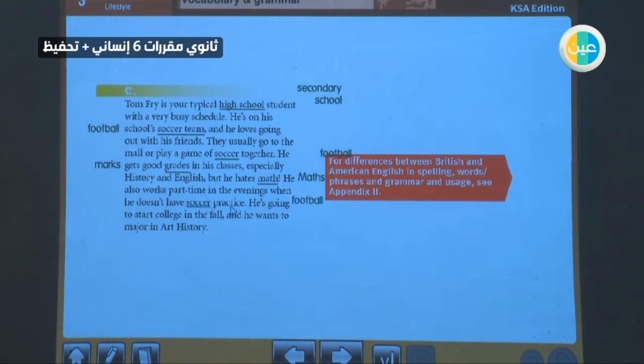Soccer and practice, it is S and, as we said, S, C and S. He is going to start college, yes, the British call it university, in the fall, yes, autumn. He wants to major in history, major, specialize. And again, specialize with S for British, and with Z for American.